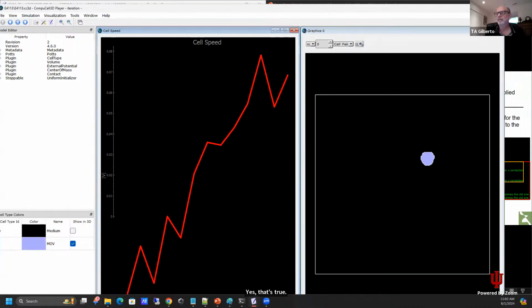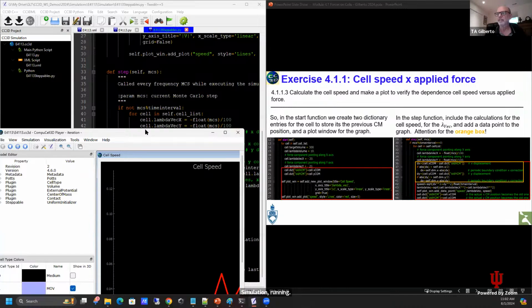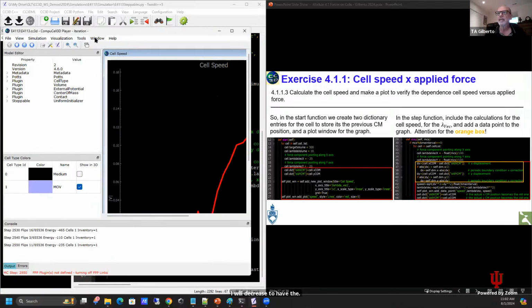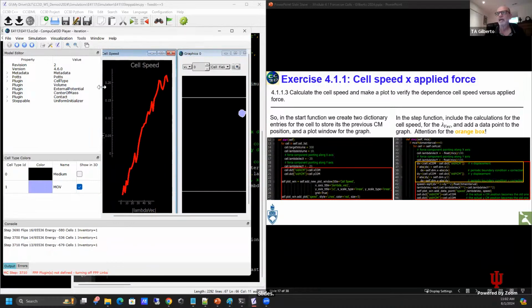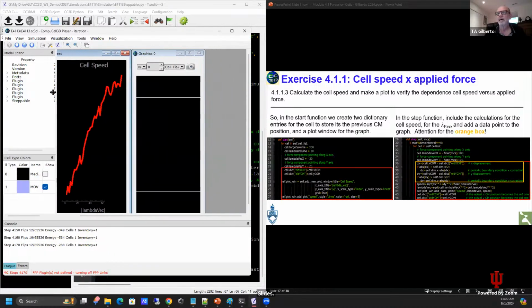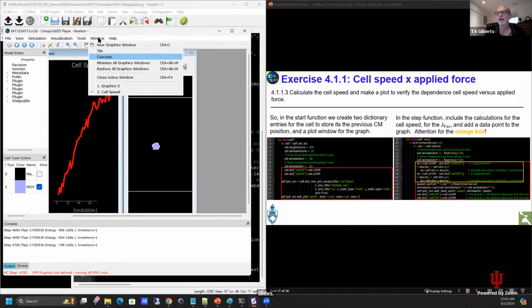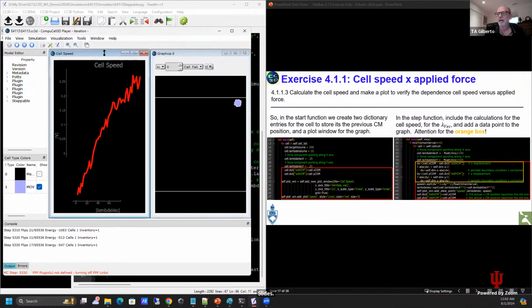simulation running. I will decrease to have the slide. See, here I am plotting V against force, speed against force. The force increases and the speed increases. But something is going on here.